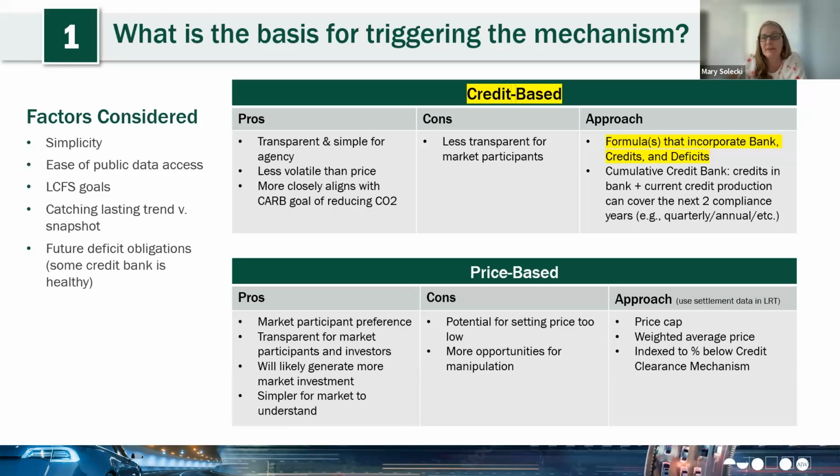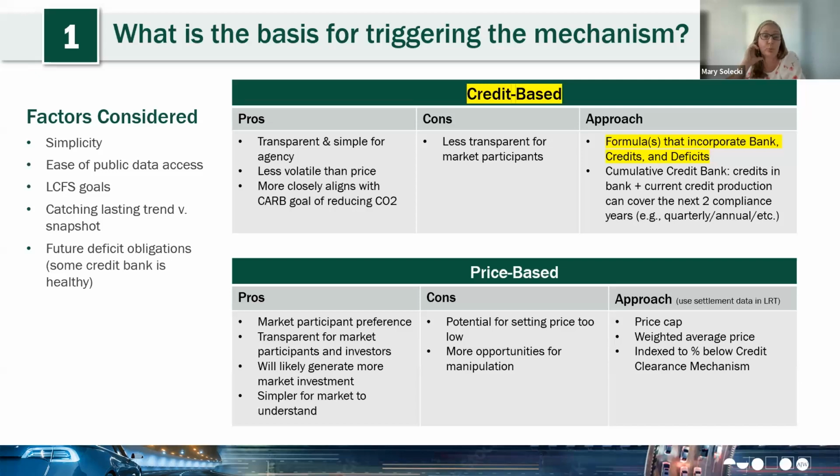In terms of the public data, we think this should be generated based on data that can be found in the existing quarterly credit summaries and nothing more complex. And of course, we need to make sure that the mechanism reinforces the goals of the LCFS. So then there's 2 categories of approaches which boil down to credit-based versus price-based.